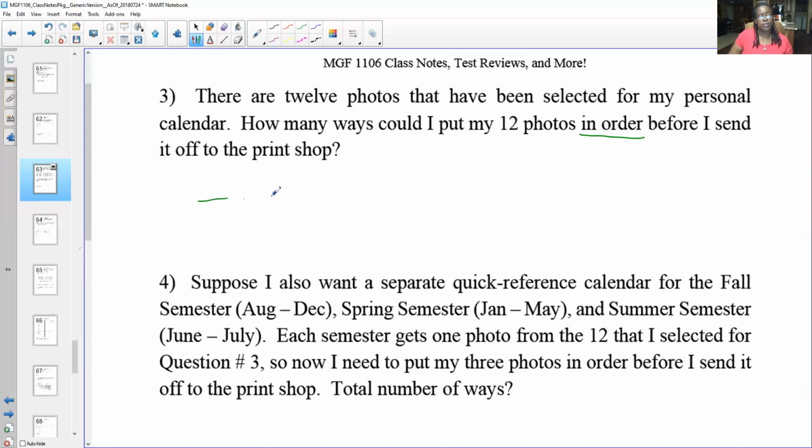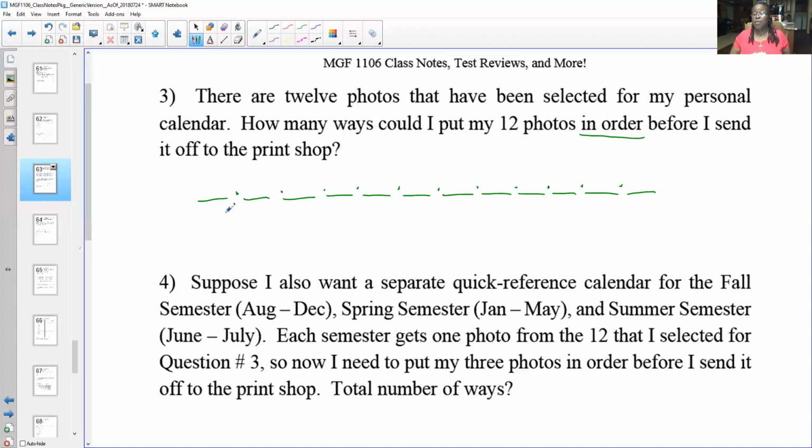1, 2, 3, 4, 5, 6, 7, 8, 9, 10, 11, 12. Here's my multiplication in between each one. All right. Now I'm going to write out the structure. Now here's my baseline structure.